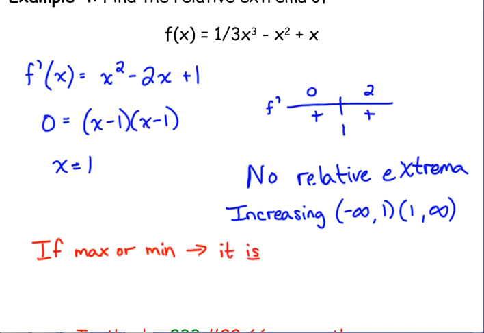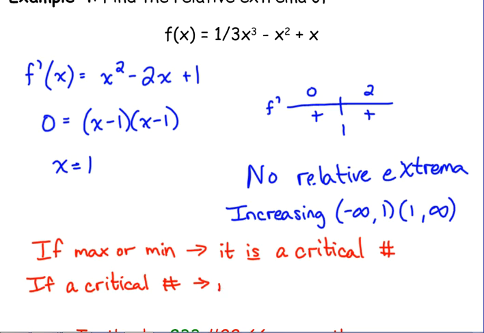But if it's a critical number, it's not always a maximum or a minimum. Most of the time it is, but not always.